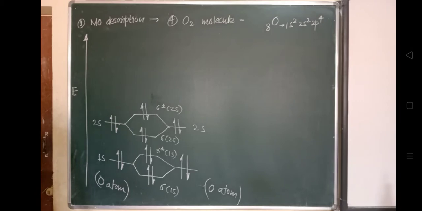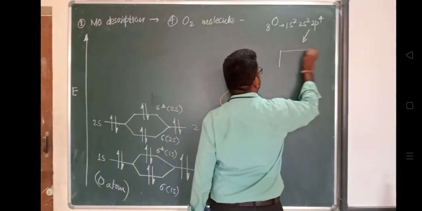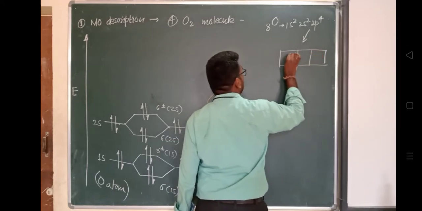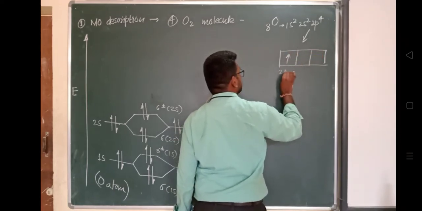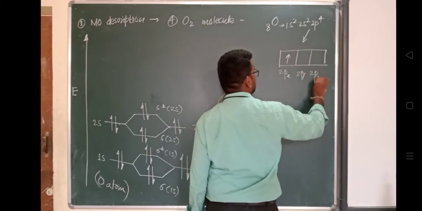Now when we talk about the 2p4 orbital, its classification into the respective orbitals will be like this. Suppose this is 2px, this is 2py, and this is 2pz orbital.